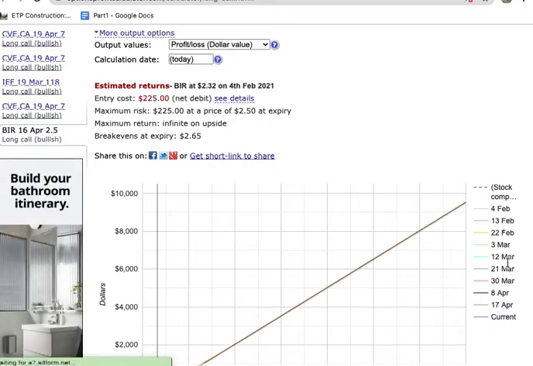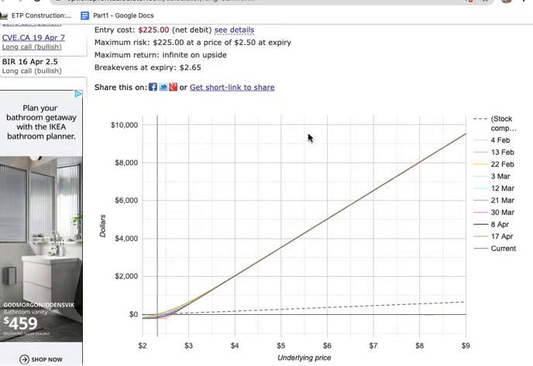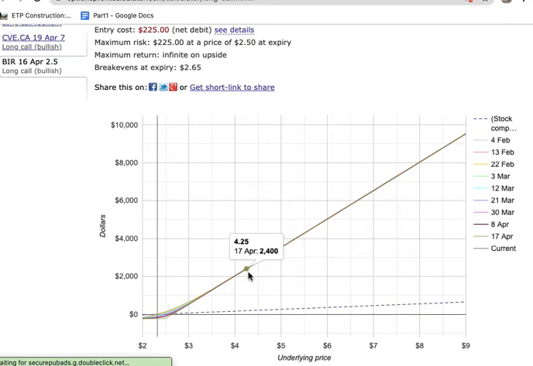So whether you want to purchase a contract that expires in April or March, that will change the cost. So it could only cost $125, for example, if you were to buy a contract that expires in early March. But by purchasing a longer dated contract, it's going to be a little bit more expensive, but it allows for more time for the stock to enter the strike price and rise along with your profits.